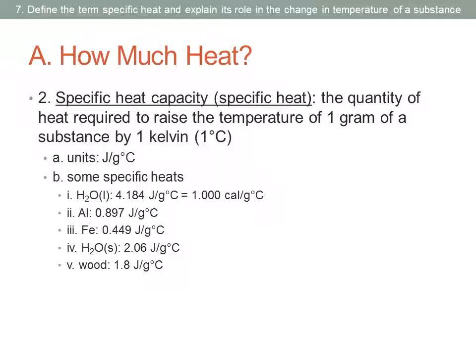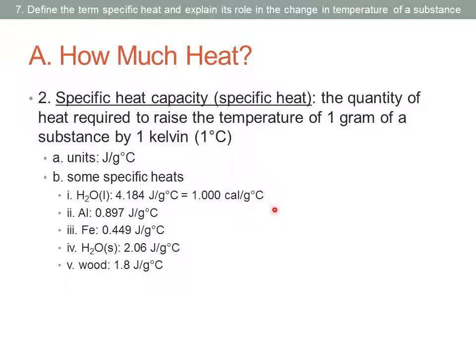The only specific heat value that you need to memorize is this first value here, and that is for liquid water. Now, one thing to note here is we already know these values. Notice we have 4.184 joules per gram degree Celsius, which is equal to 1 calorie per gram degree Celsius.